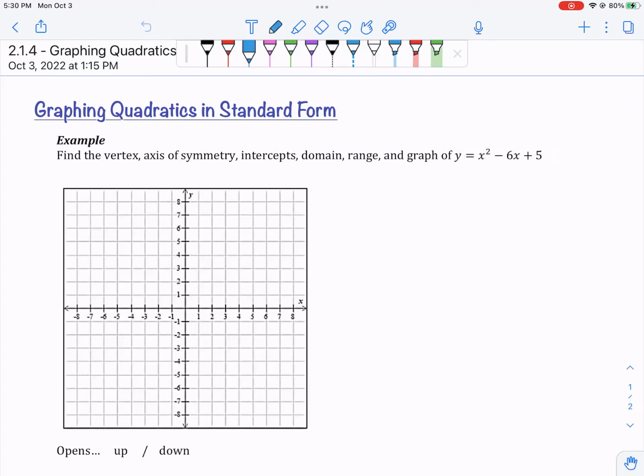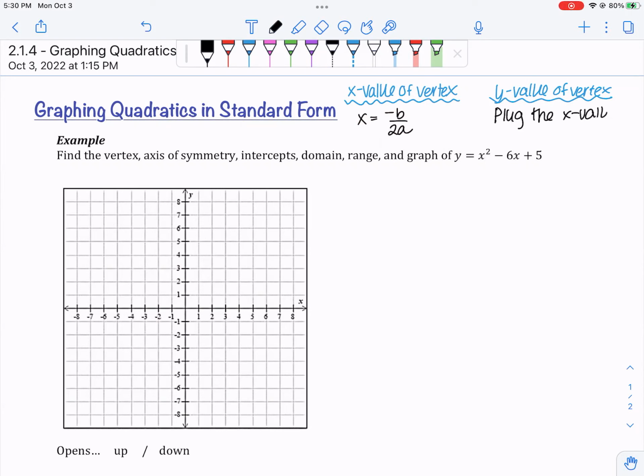The important thing was that the x value of a vertex is x equals negative b divided by 2a, and the y value of the vertex was plugging the x value of the vertex into the original equation. So that was what we covered in a previous video.